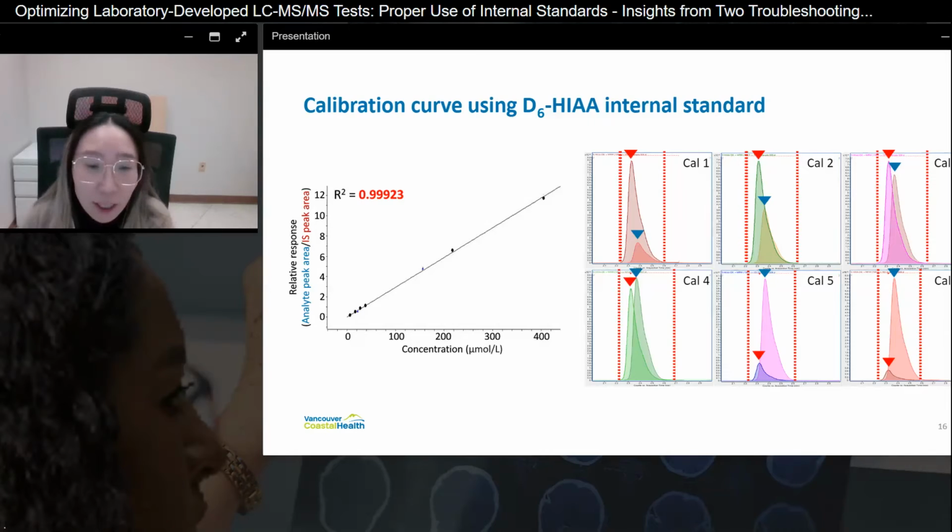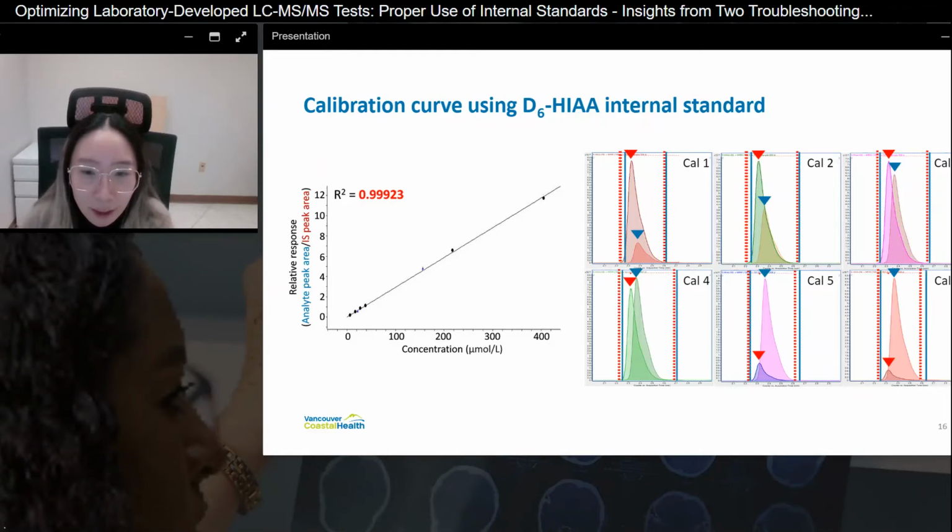The red dotted lines are the boundary of the peak when the internal standards eluted from LC. Let's look at the analyte boundary in the blue lines. Although there's a slight shift, they overlap pretty well in general.